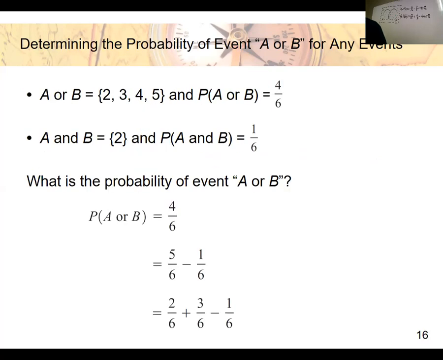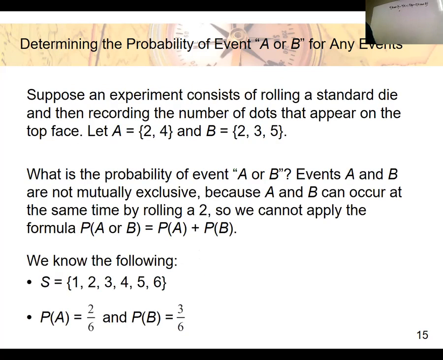Okay, let me go back to this. And I might need to explain this going this way. So that probability of event A, if I go back to it, that was 2 over 6.